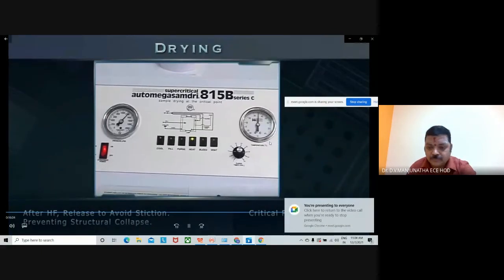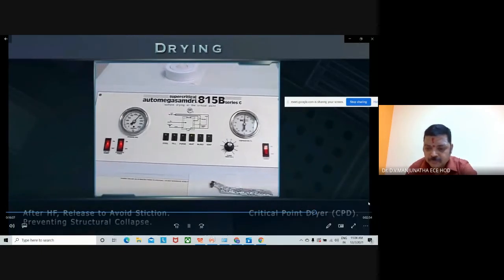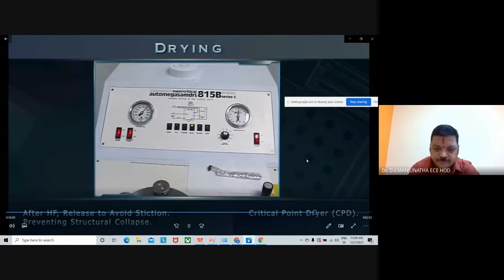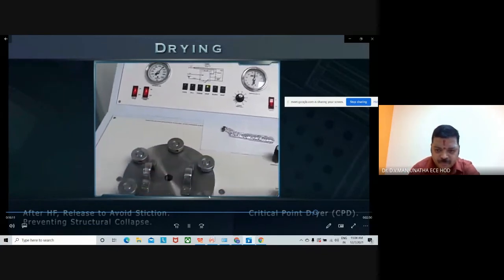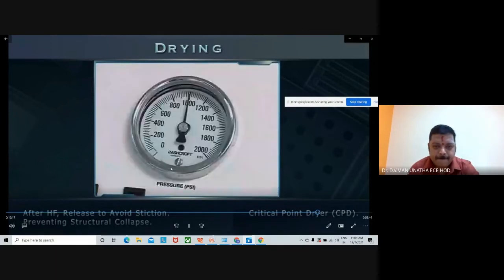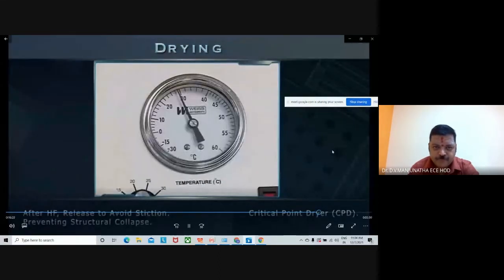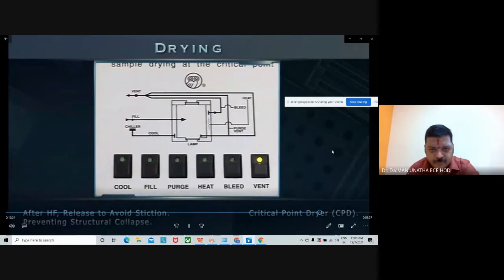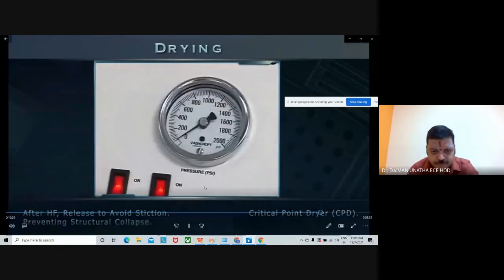As the drying process advances, LED displays indicate its various stages. During the fill cycle, liquid carbon dioxide enters, and during heating, the critical condition is reached. After venting, samples are unloaded.